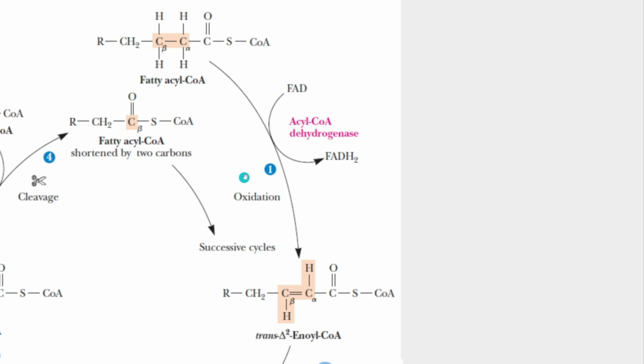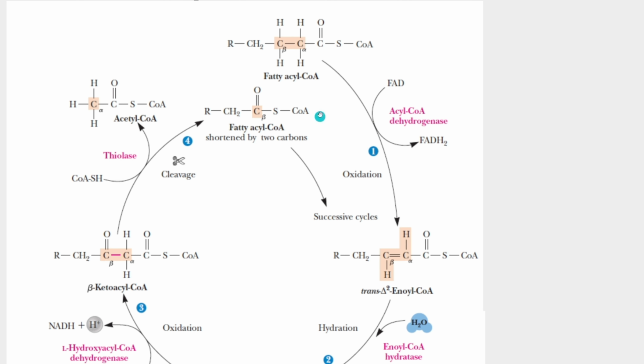The first reaction is oxidation, meaning that the fatty alkyl CoA is oxidized to alpha beta unsaturated alkyl CoA, also called enoyl CoA.